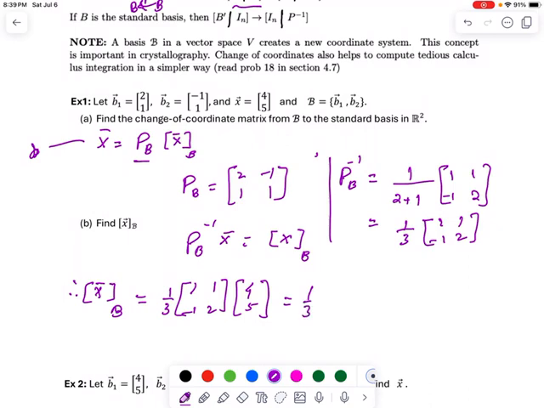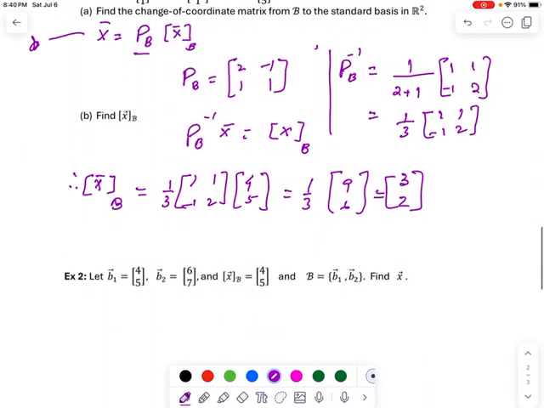So we get 1 over 3 times 4 plus 5, which is 9, and negative 4 plus 10, which is 6. Then multiply each entry by 1/3: 9 over 3 is 3, and 6 over 3 is 2. So your X_B is 3, 2.